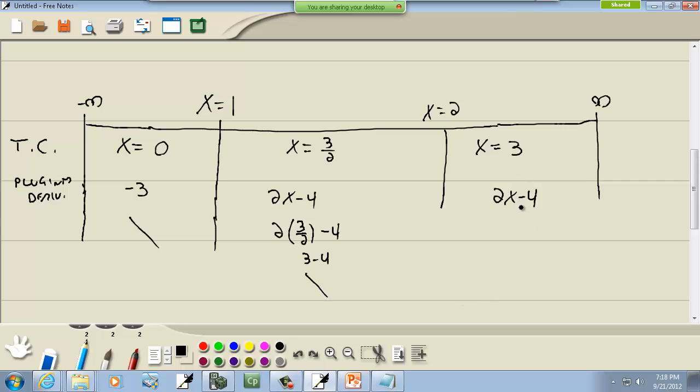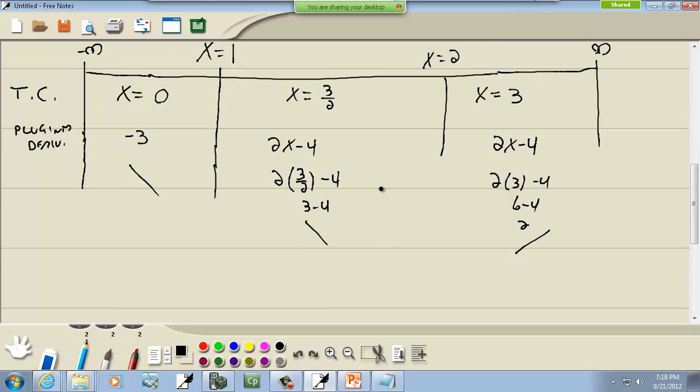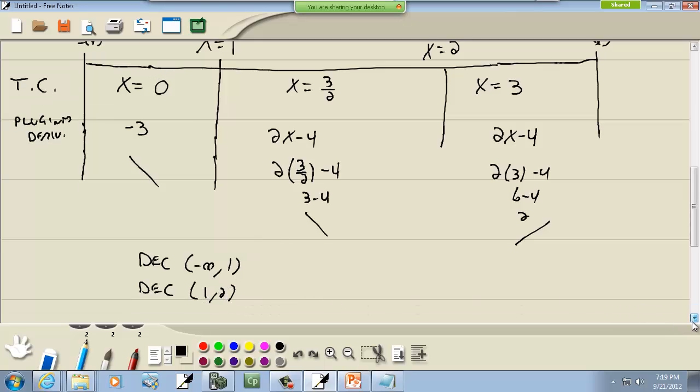Now the 2x minus 4 here, if I plug in 3, I get 2 times 3 minus 4, which gives me 6 minus 4, which is 2, which is increasing. So this is our answer. It's decreasing from negative infinity to 1. It's decreasing from 1 to 2. And then it's increasing from 2 to infinity.